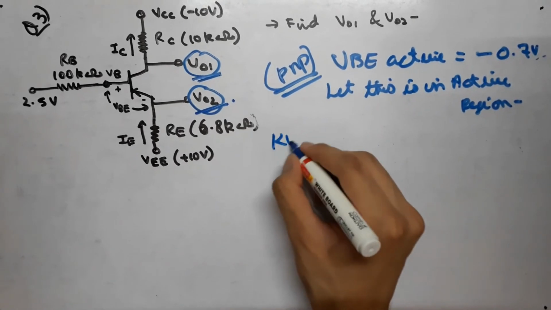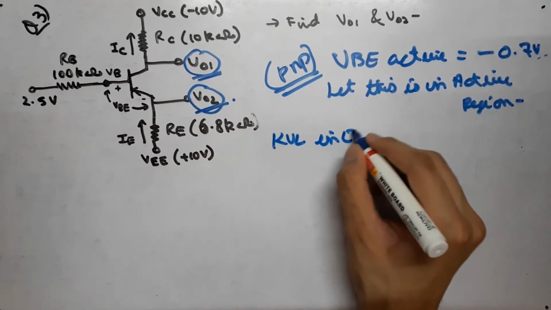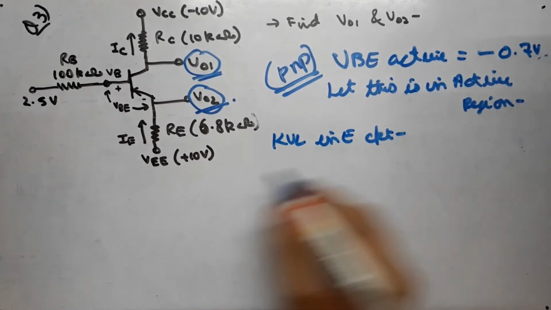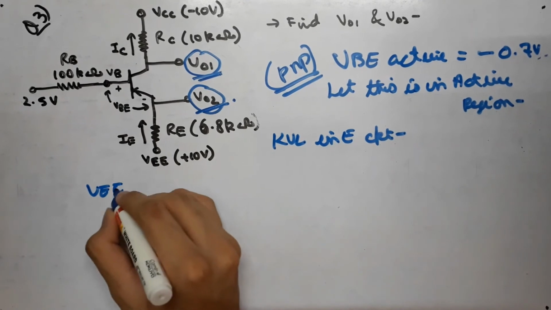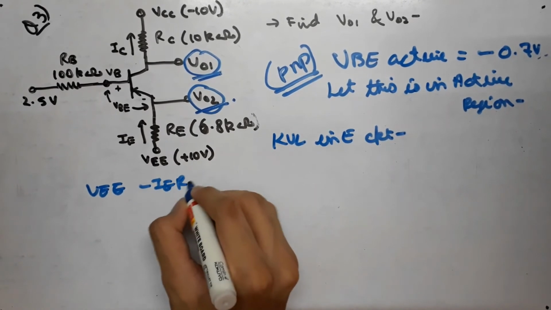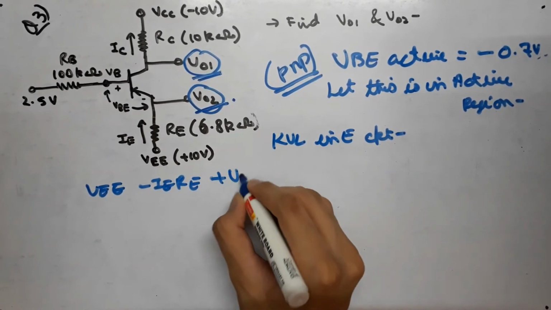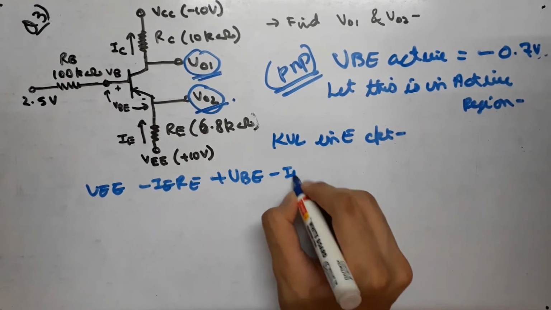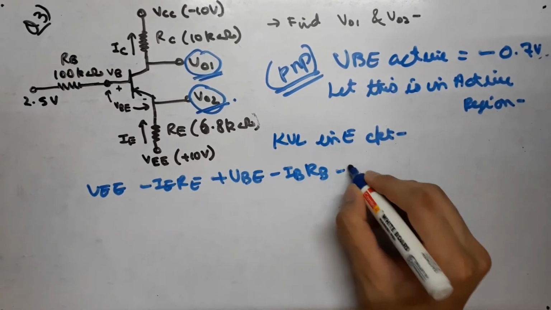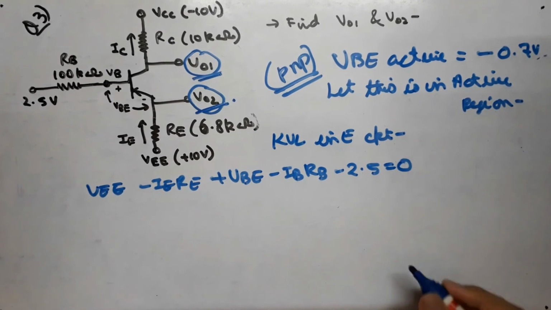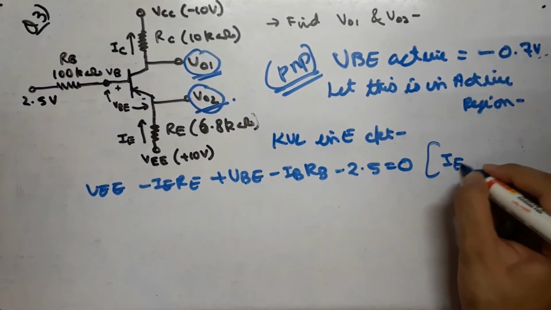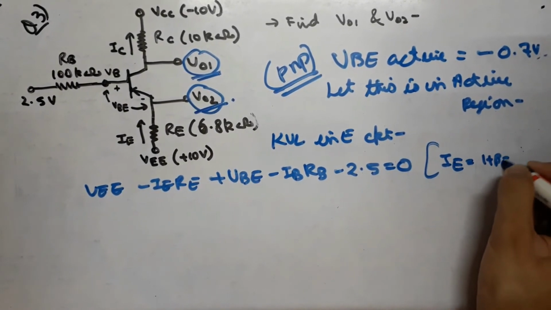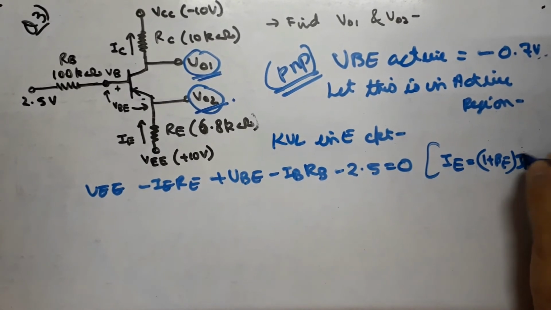Now we shall apply KVL in the emitter circuit. That is VEE minus IE RE plus VBE minus IB RB minus 2.5 is equal to 0. Now we will use IE as 1 plus beta F into IB.